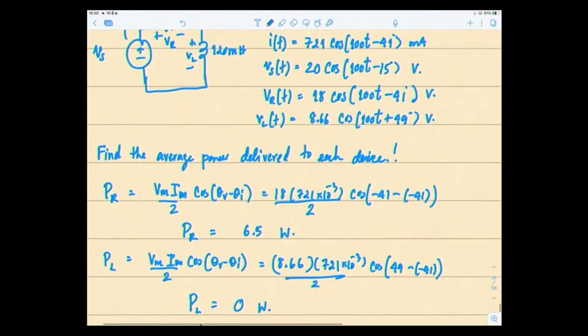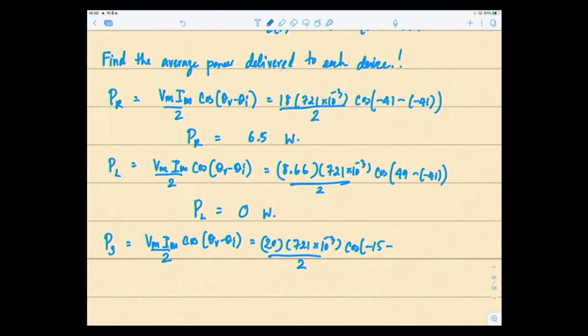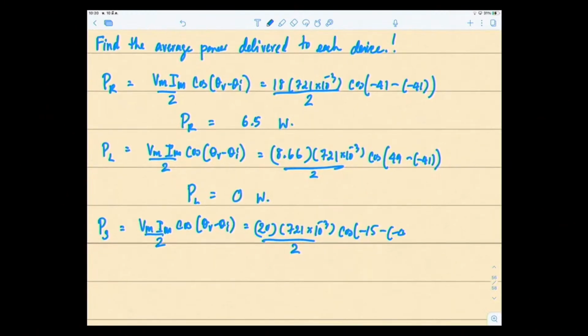Cosine of theta V, for Vs is minus 15, minus theta I is minus 41, sorry. The answer you will get for the average power of the source by this formula is equal to 6.5 watt.